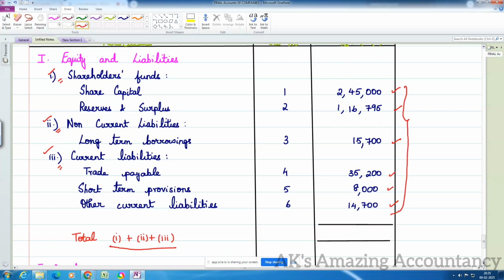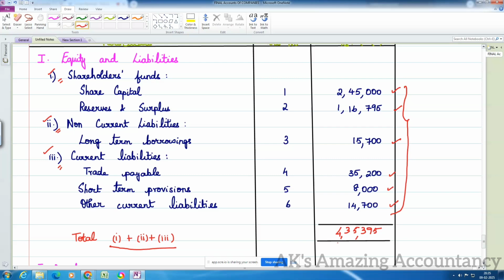So let us add and find out how much we are getting. 4,35,395 is the total of equity and liabilities.